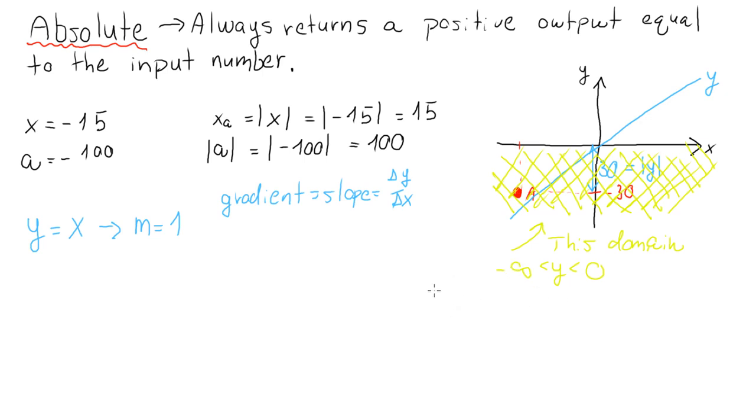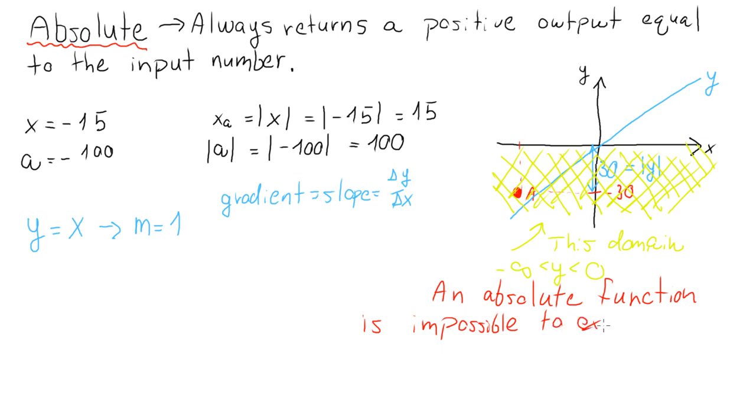An absolute function is, let's say, even impossible to exist in this domain.